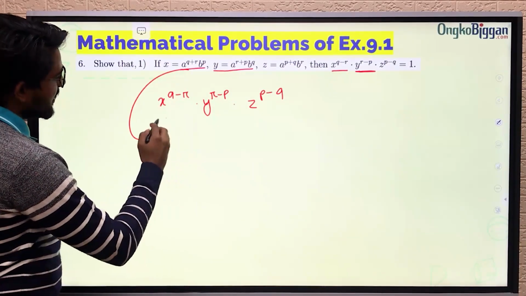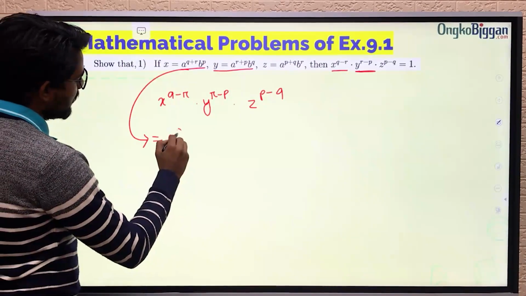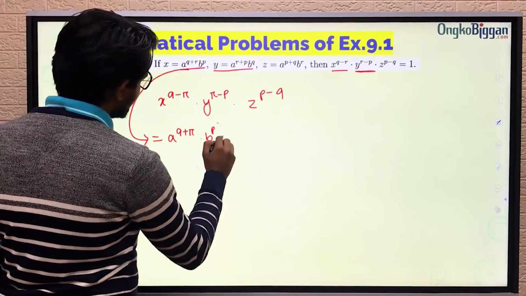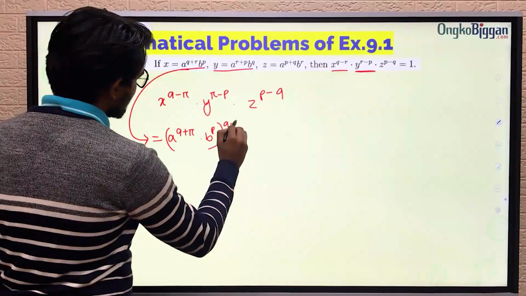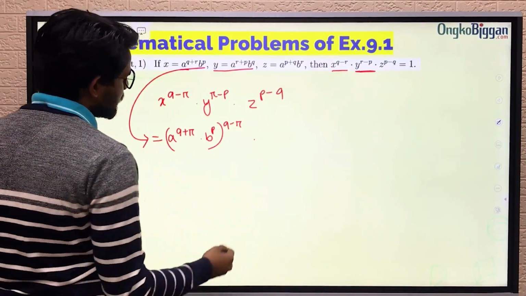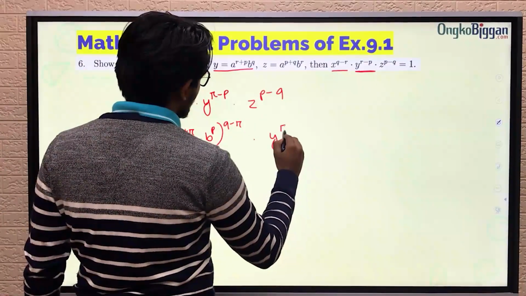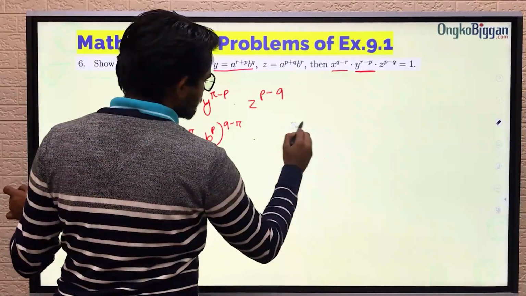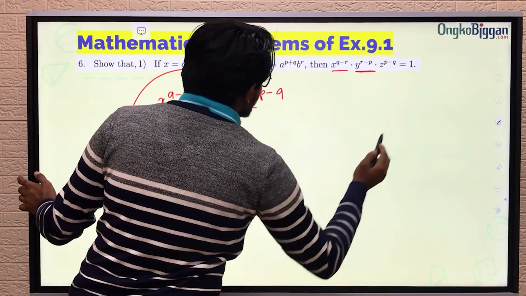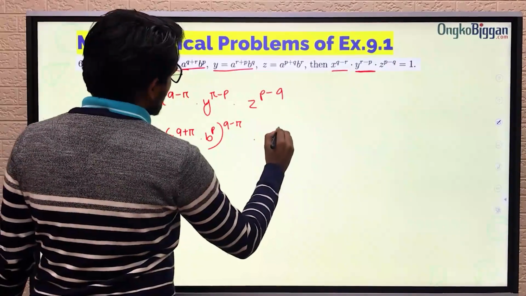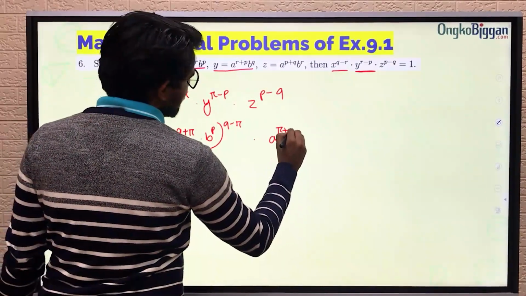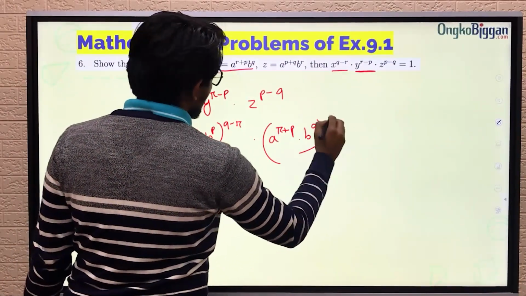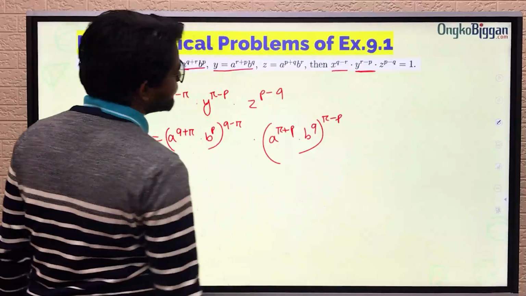So x is basically a to the power q plus r dot b to the power p, all to the power q minus r. y to the power r minus p, the value of y is a to the power r plus p dot b to the power q, all to the power r minus p.